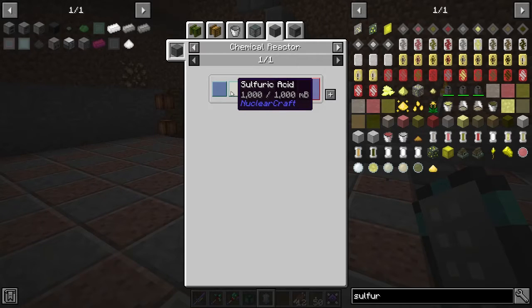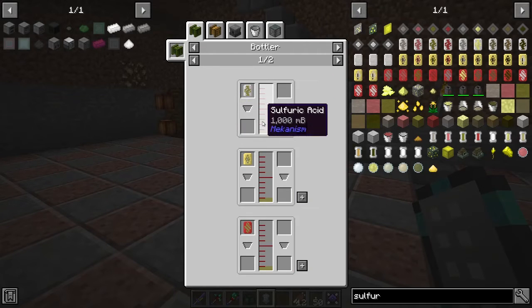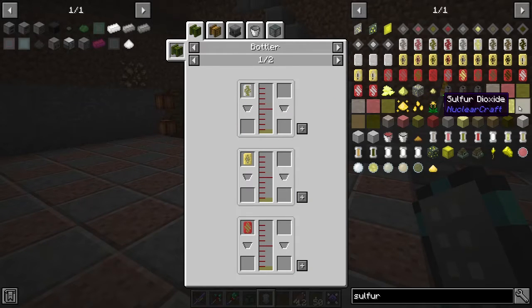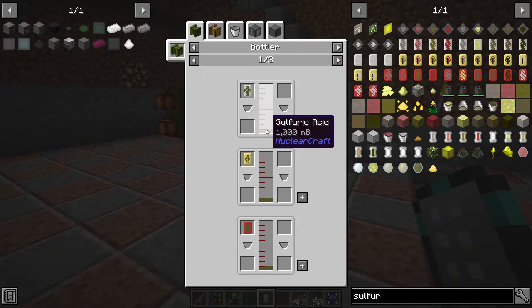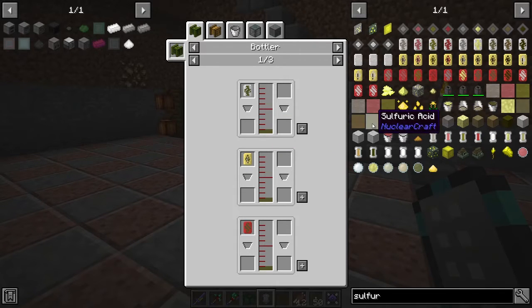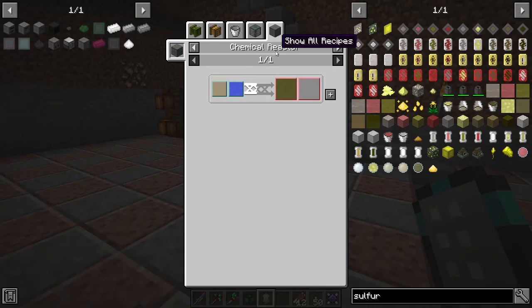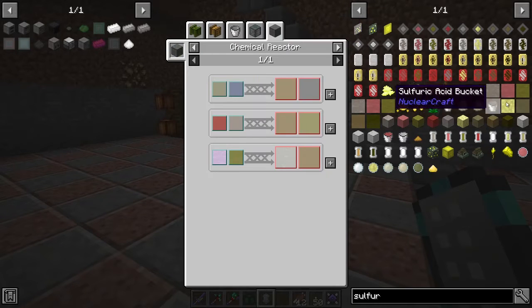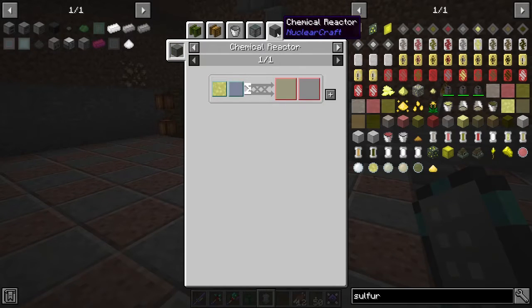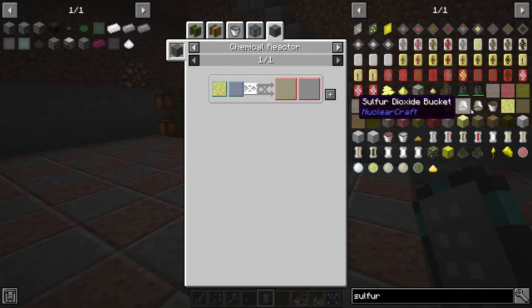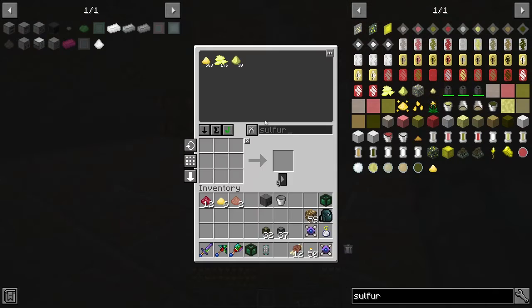So sulfuric acid comes from, we need one more chemical reactor to get us to trioxide, one more chemical reactor to get us to dioxide, one more chemical reactor, so that's 3 chemical reactors we're going to need. Alright, and we only have one.